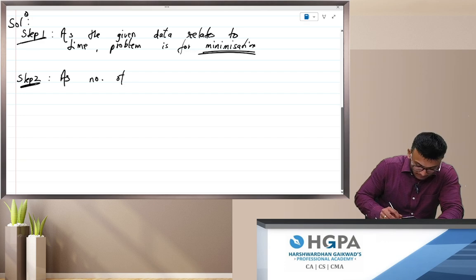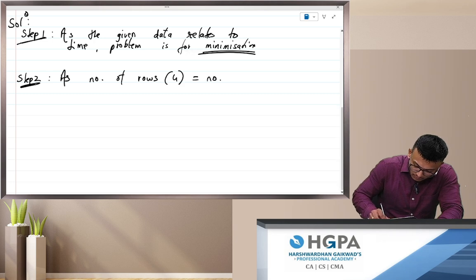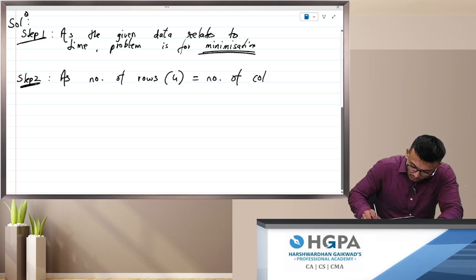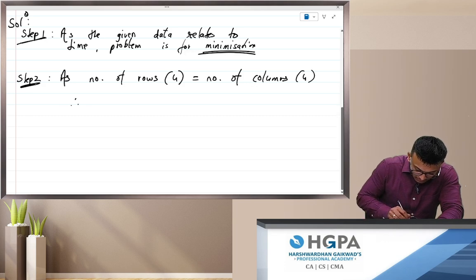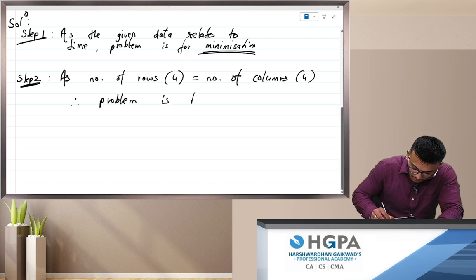Number of rows, that is 4, is equal to number of columns, that is 4. Therefore problem is balanced.